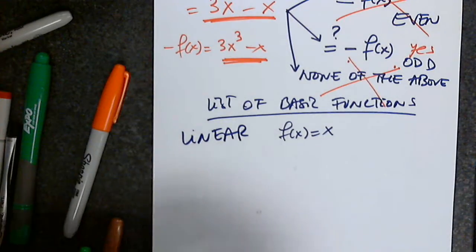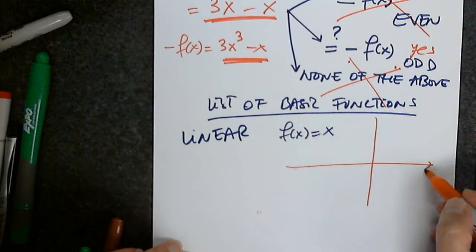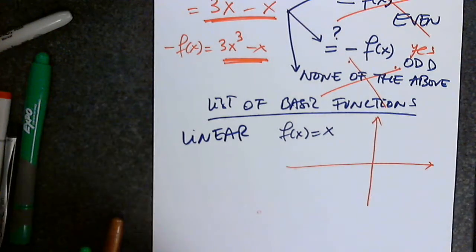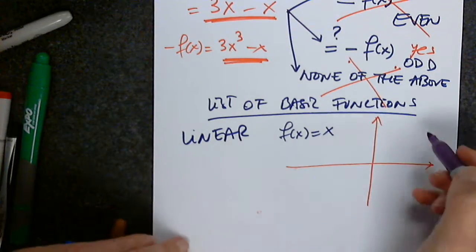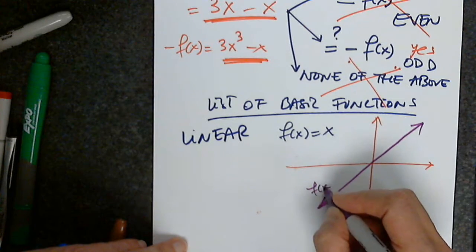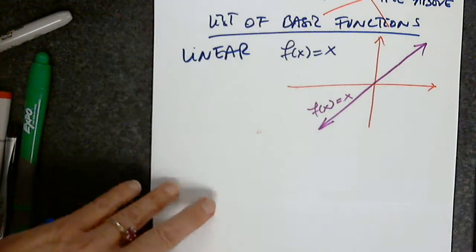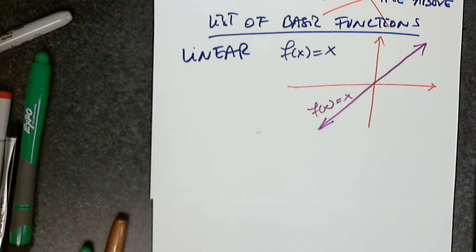And here's the graph of f of x equals x, and you will tell me whether it's odd or even. The simplest possible linear function is f of x equals x, and this is its graph. Odd, even, or none of the above?